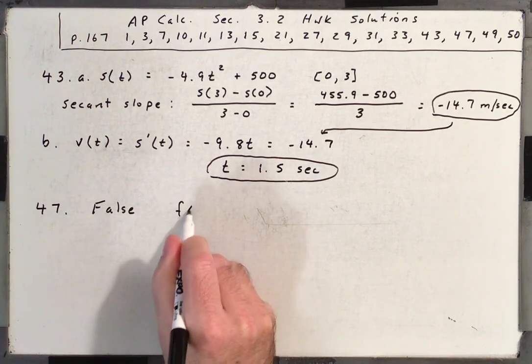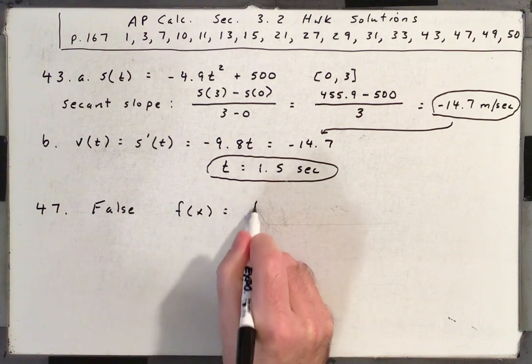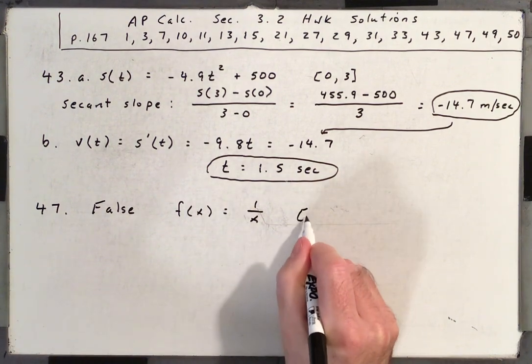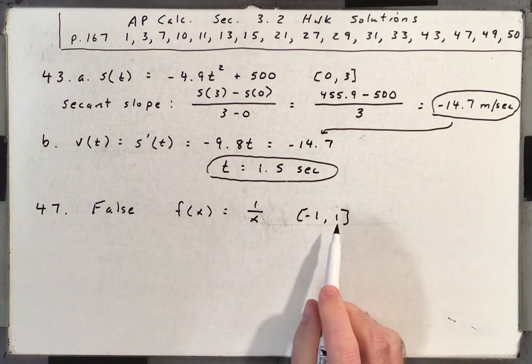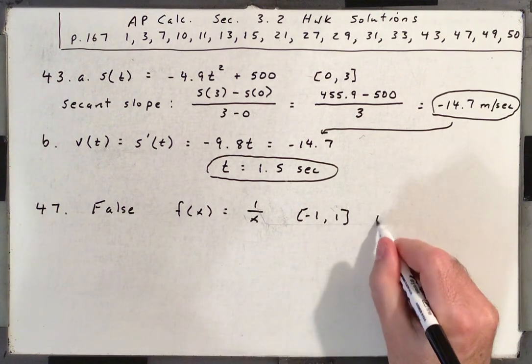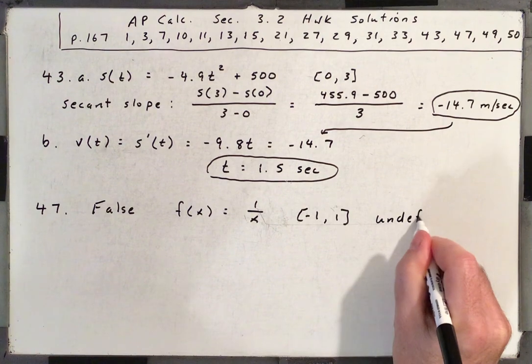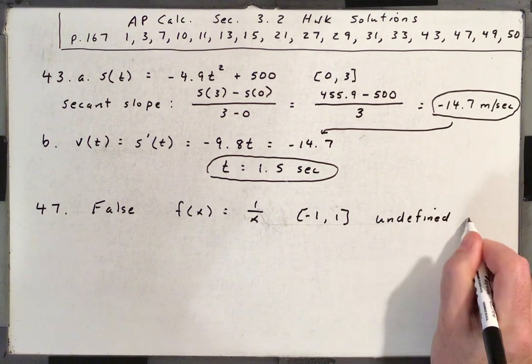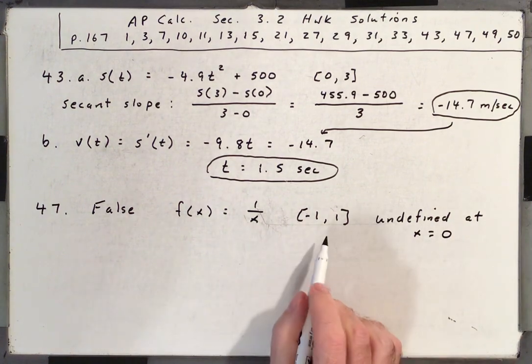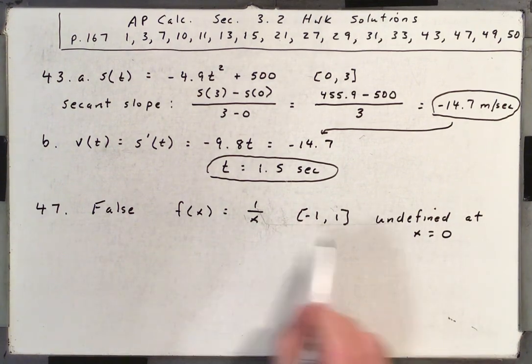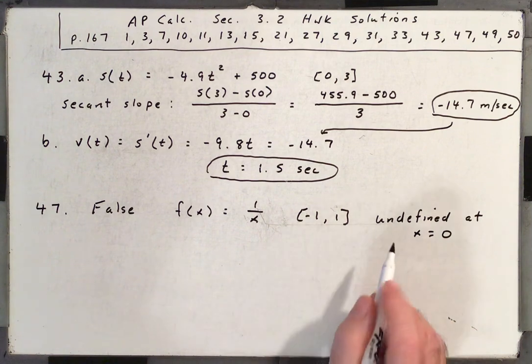So we have f of x is equal to 1 over x, and on the interval negative 1 to 1, we have 0, and it's undefined at x equals 0. So that means it's not differentiable at x equals 0, so the mean value theorem does not apply.